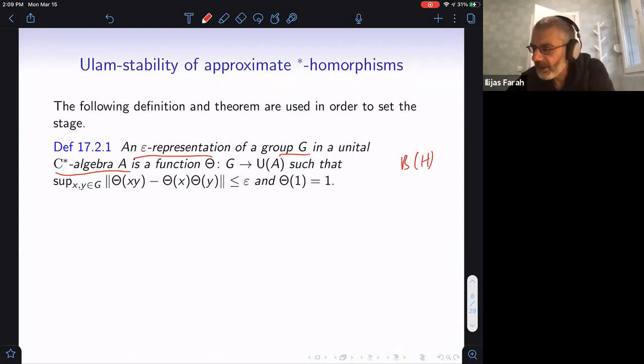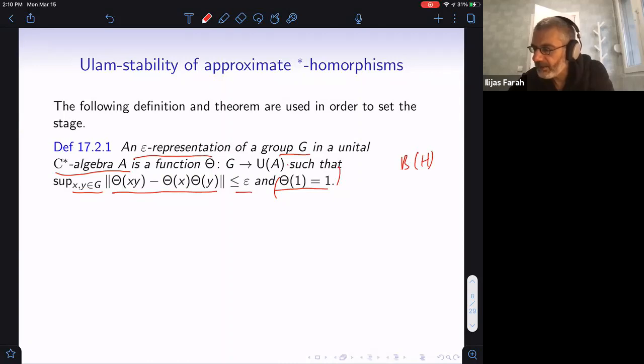So an epsilon representation is a function theta from G into the unitary group, such that for any two x, y in G, this difference, which is supposed to be 0, has norm at most epsilon. And also, we require that theta of 1 is equal to 1. Actually, this is kind of superfluous. Okay, so that's what an epsilon representation is.